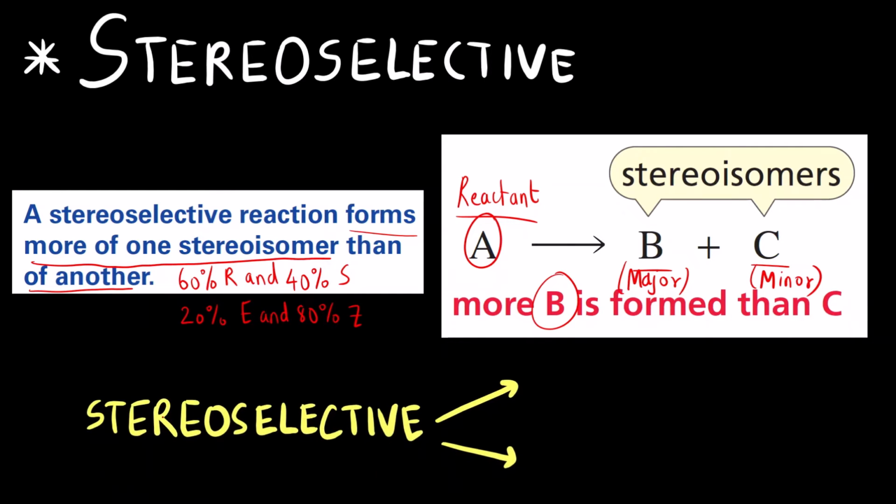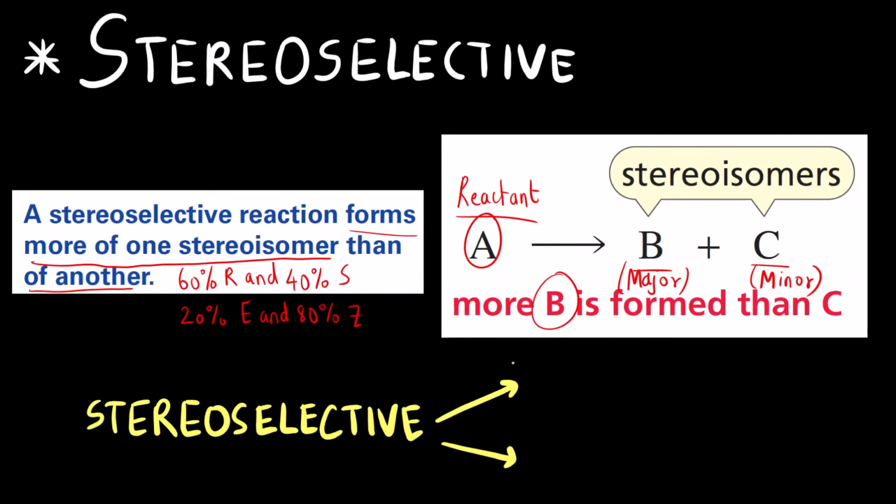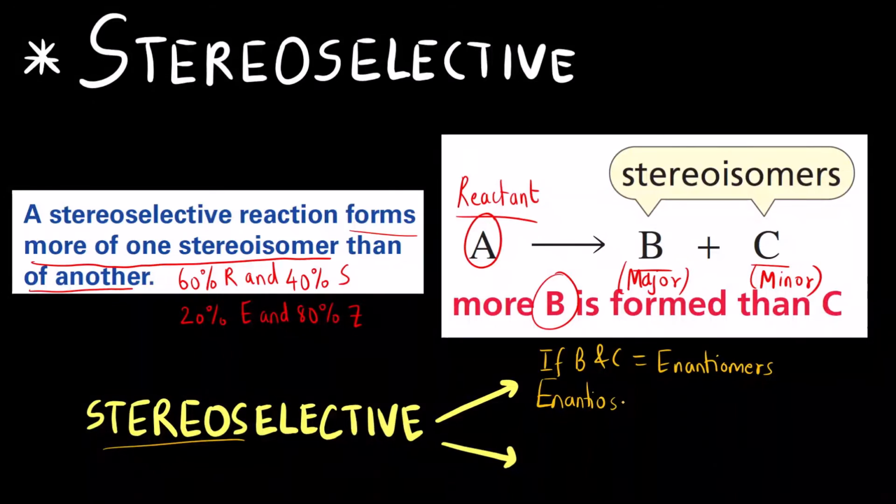Now this stereoselective can be of two types. If B and C are enantiomers, we had seen just now, then the stereo term we will replace by enantio. If B and C are enantiomers, then we say the reaction is enantioselective.